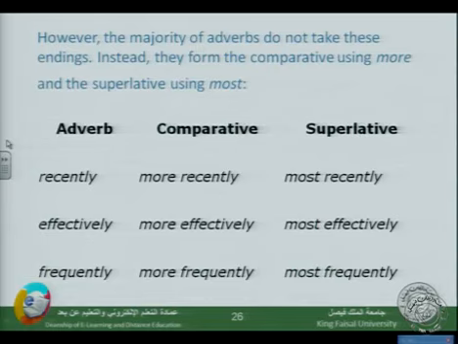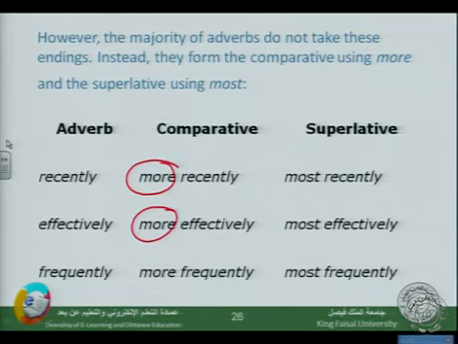However, the majority of adverbs do not take these endings. Instead, they form the comparative using more and the superlative using most. Some adverbs have more than two syllables, three syllables. If you want to make a comparative form of recently, which has more than two syllables, you need to use more recently.